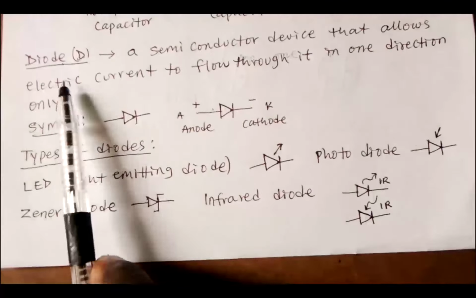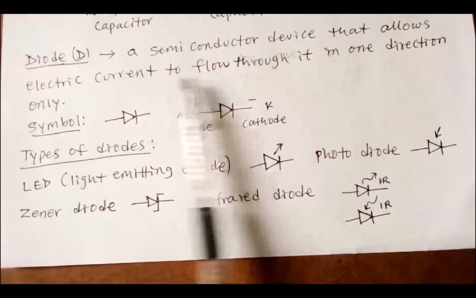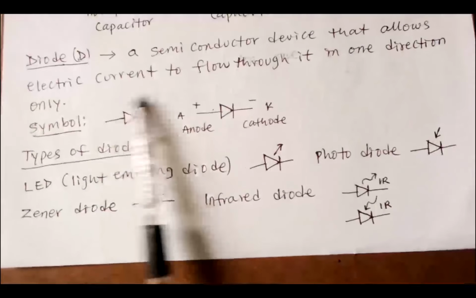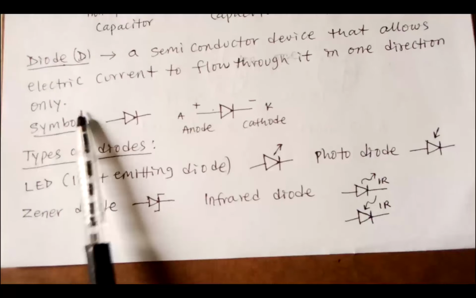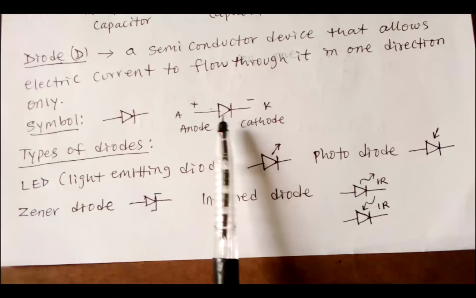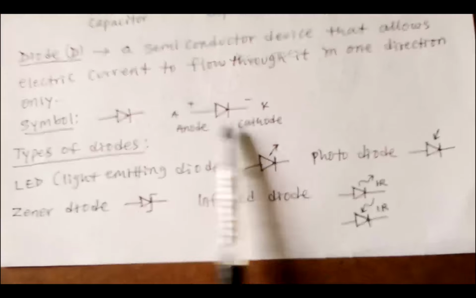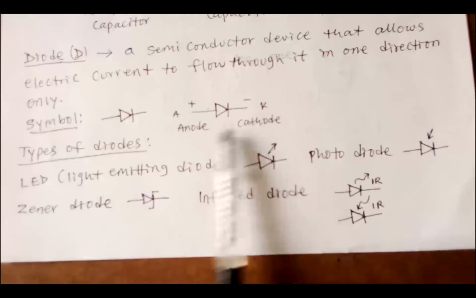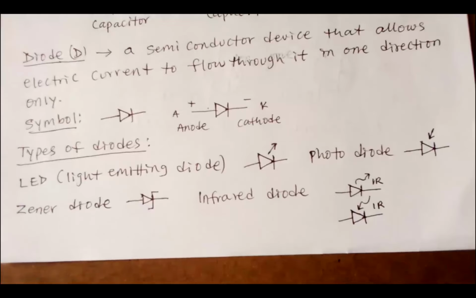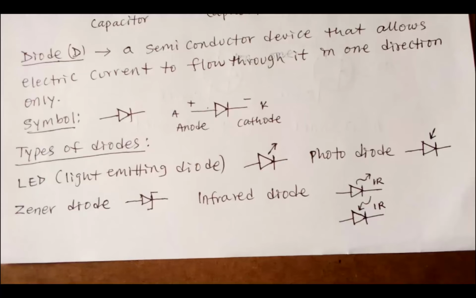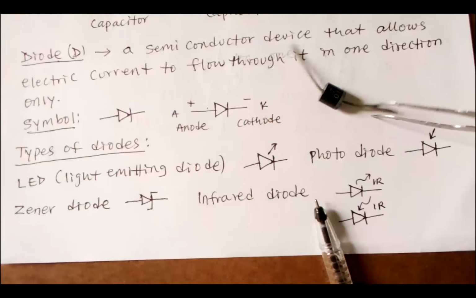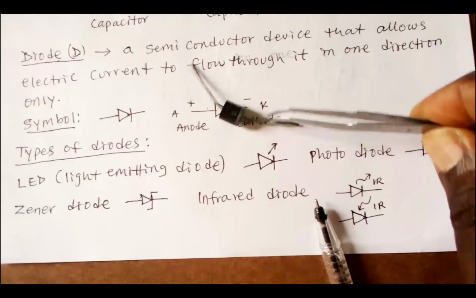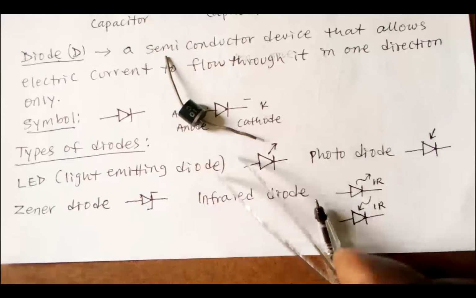What is a diode? A diode is simply a semiconductor device that allows electric current to flow through it in one direction only. You can see the symbol of diode. It has positive and negative, anode and cathode. Let's look at an example here. So this is an example of a diode.